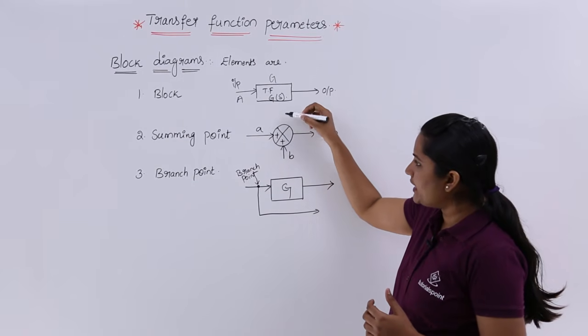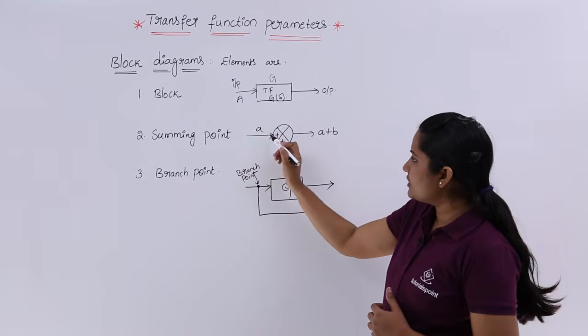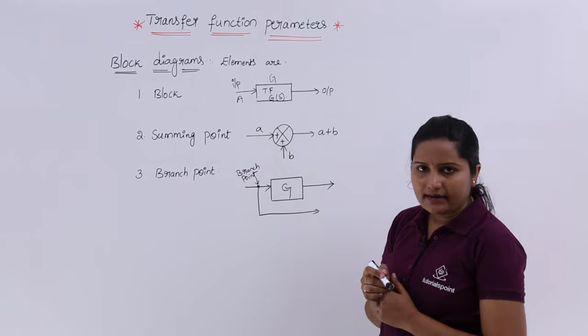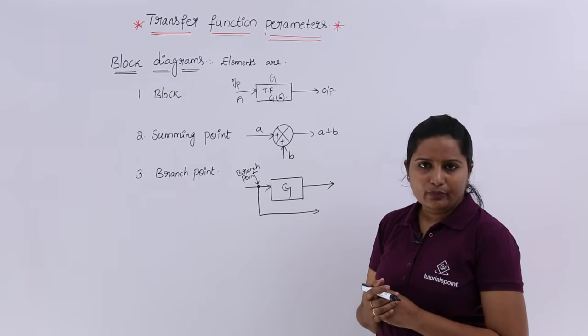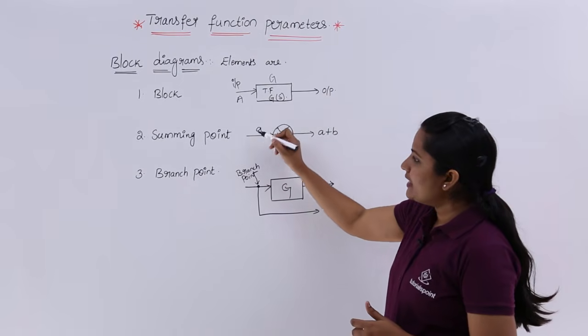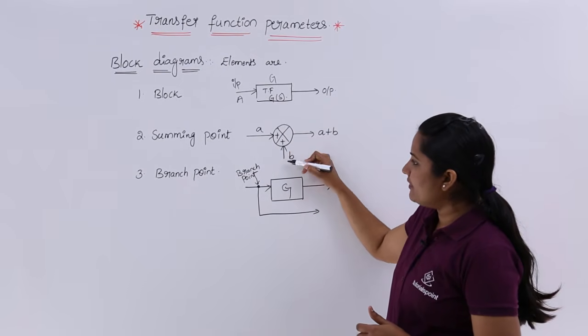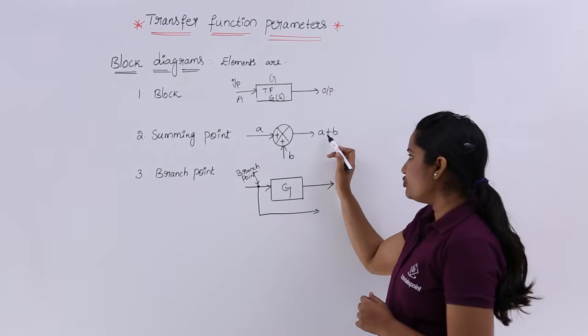Here I have taken only 2 signals. So, by using the summing point we can combine the signals. Here, I am combining signal A with signal B, and the output of this summing point is equivalent to A plus B.